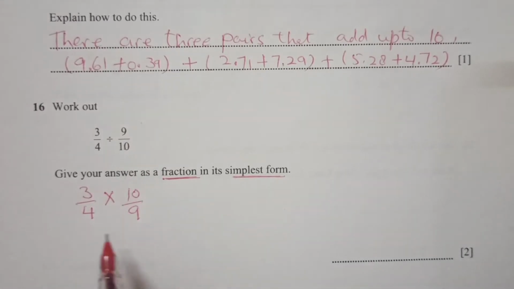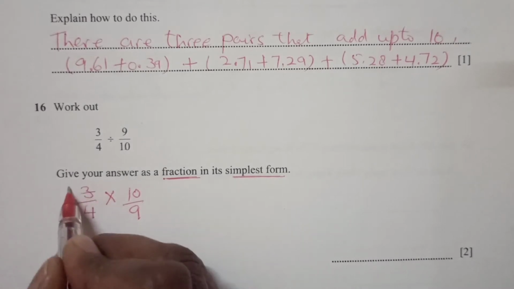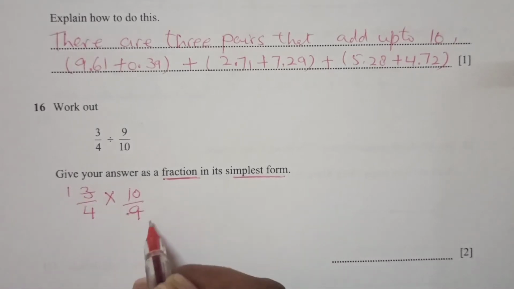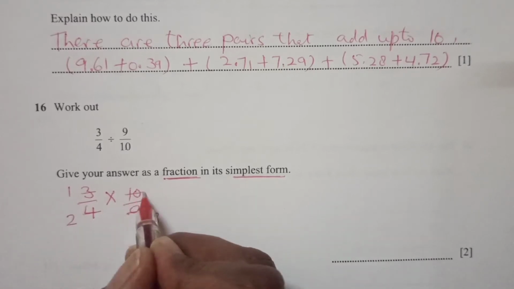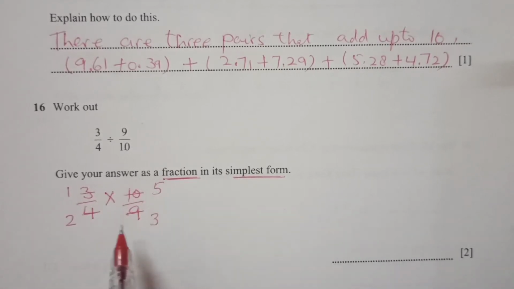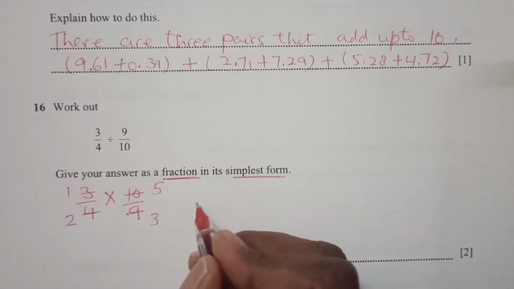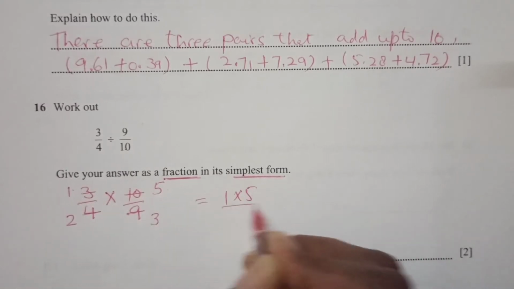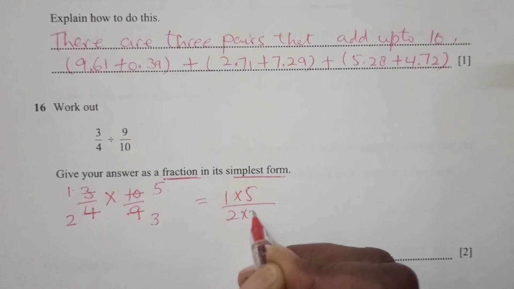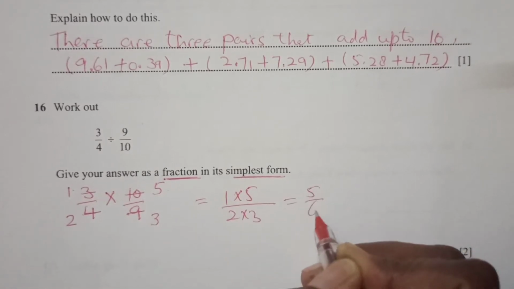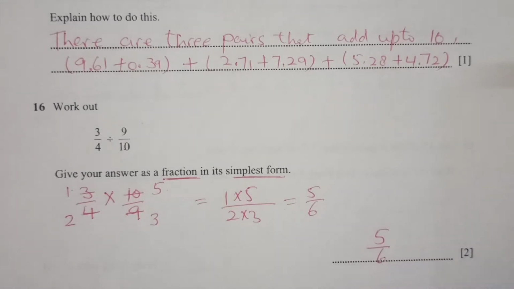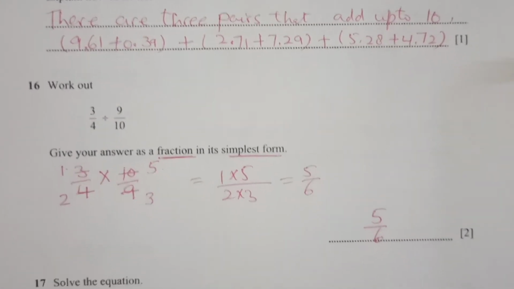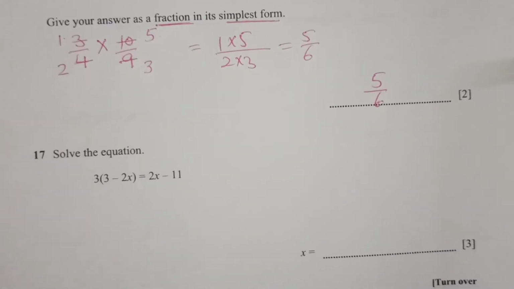So now we can simplify 3 with 3, 9. This can be divided by 2. 2 times 2, 4. 2 times 5. So what are you left with? You are left with 1 times 5 over, you have 2 times 3. So this is 5 over 6. So our final answer is 5 over 6. Right? Now let's move to the next one, number 17.